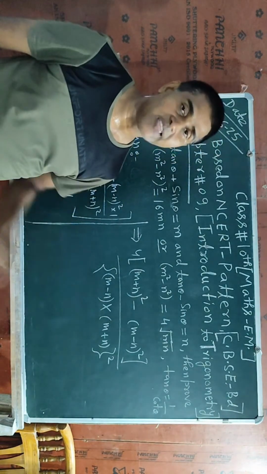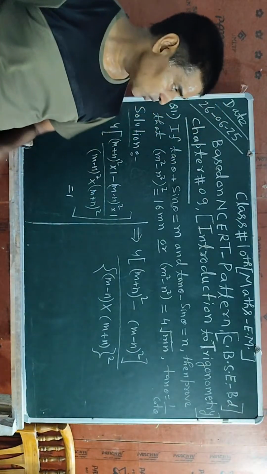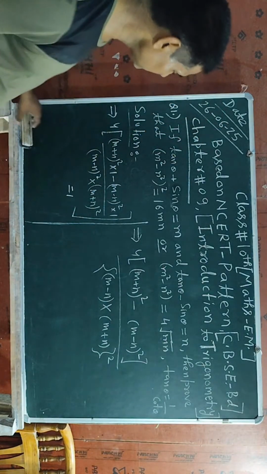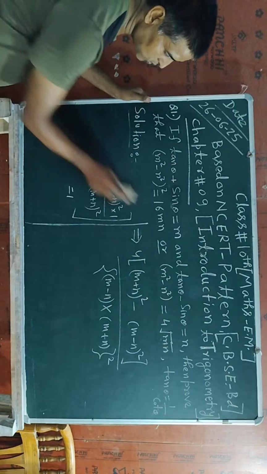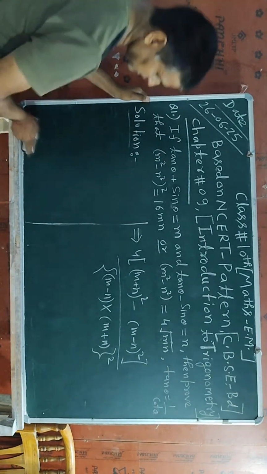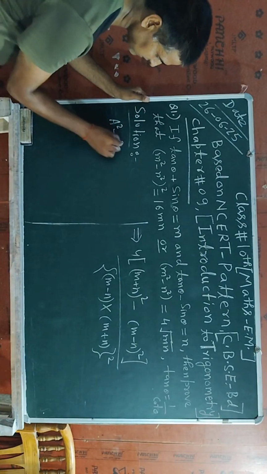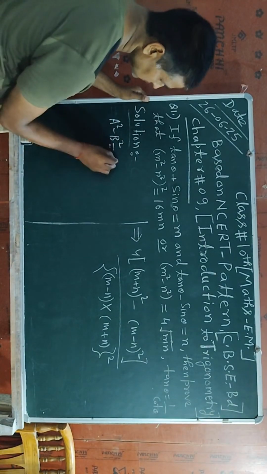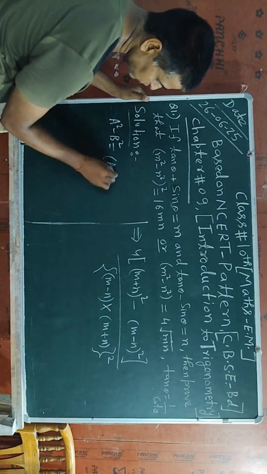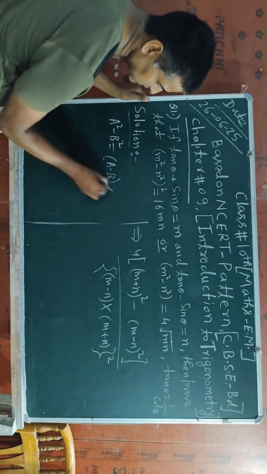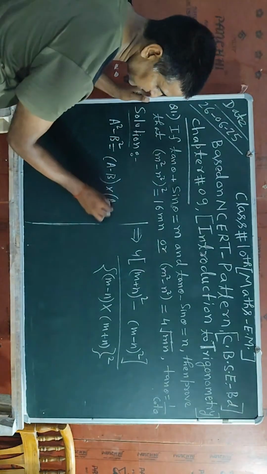In next step I have to write, okay student, because that formula is available in algebra. A square minus b square, that formula I am going to explain here. So in one bracket I write here a minus b, and in other bracket I will write a plus b.